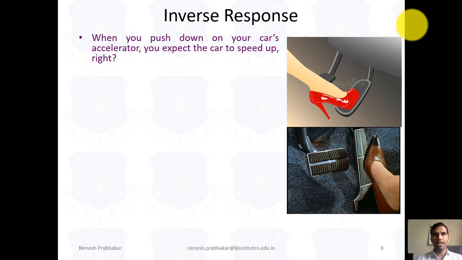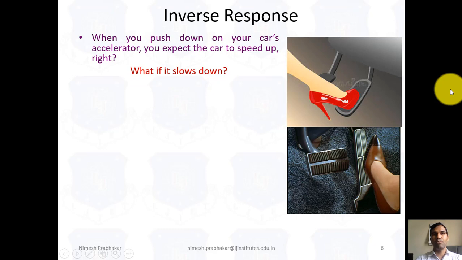That means when we push the accelerator, at that time the speed of the car is increased. Right. But actually, what if it slows down? That means to increase the speed we push the accelerator, but actually the car speed is reduced.